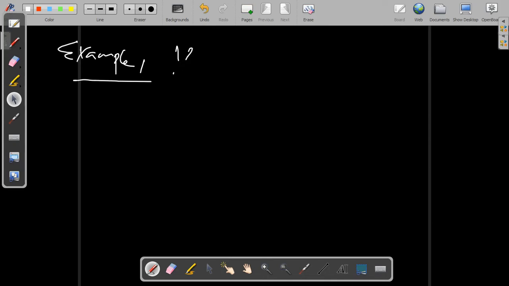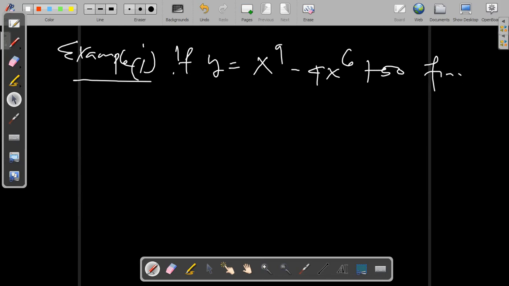For example, if y is equal to x raised to the power of 9 minus 4x raised to the power of 6 plus 50, now you are required to find dy over dx.